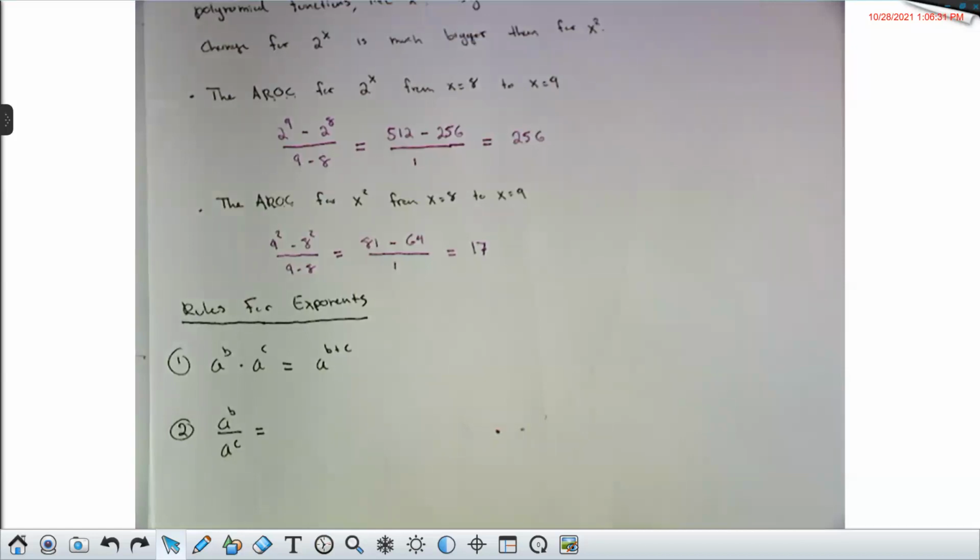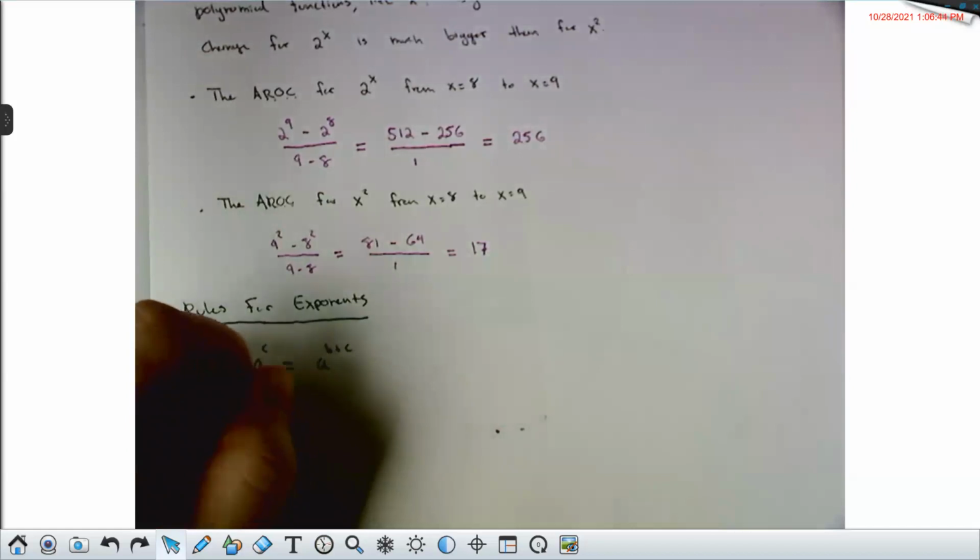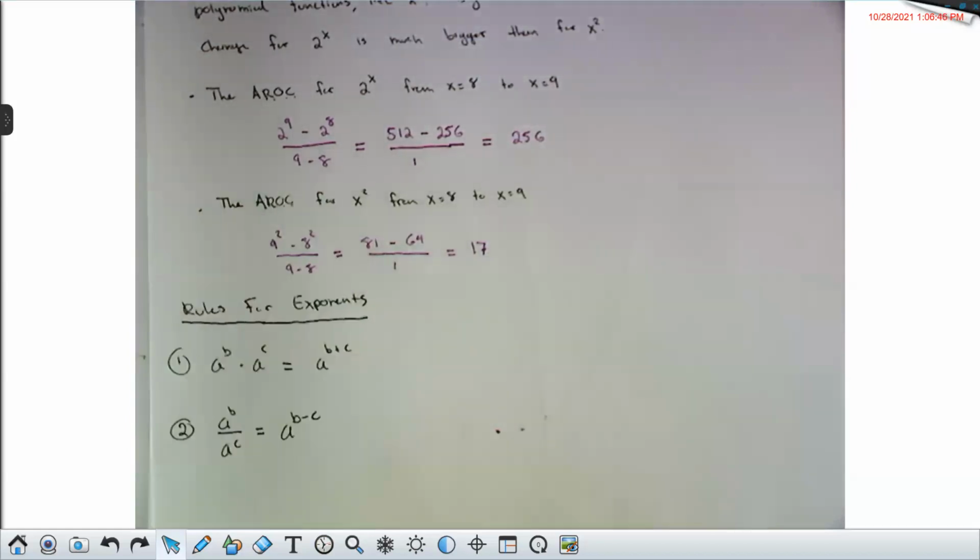So you've got c copies of a downstairs. So you can cancel a bunch of a's from the top to the bottom. And what will be left over upstairs is some number of copies of a, but not all b of them. You'd have b minus c of them. So a to the b divided by a to the c is the same as a to the b minus c.